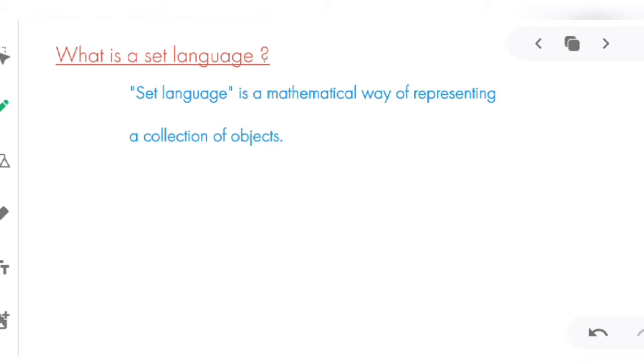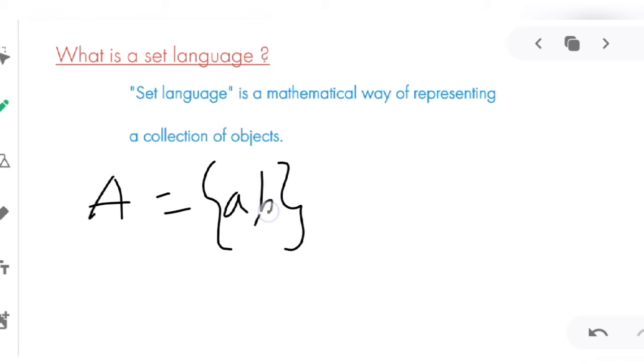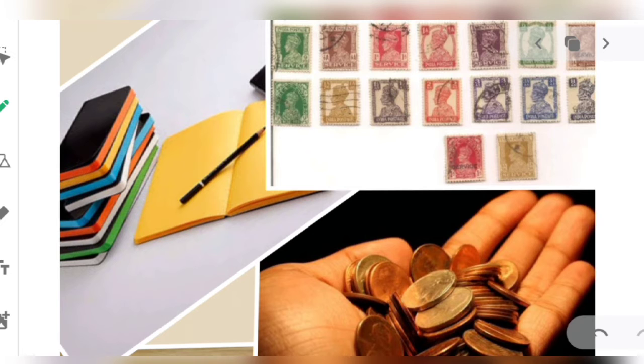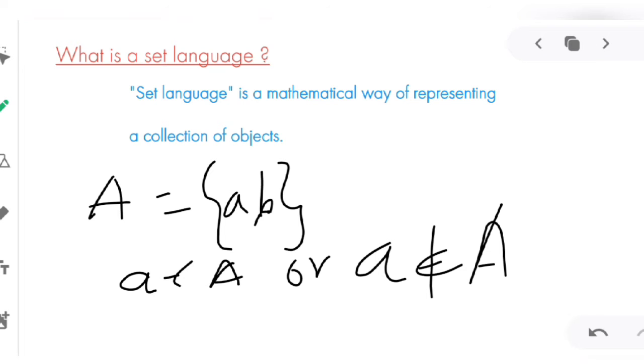In set language, we generally use mathematical concepts like whether something is in the set or not, that is, whether the set contains an element or not. That is, a belongs to A, or a does not belong to A. We are going to learn these kinds of statements in this set language.